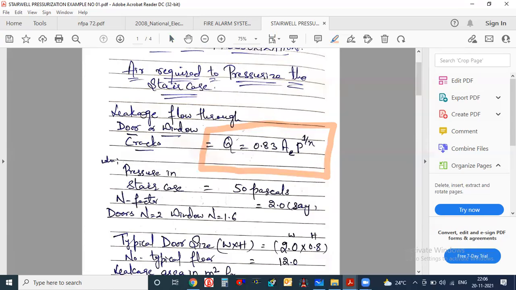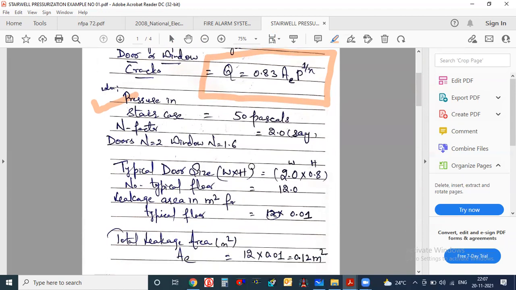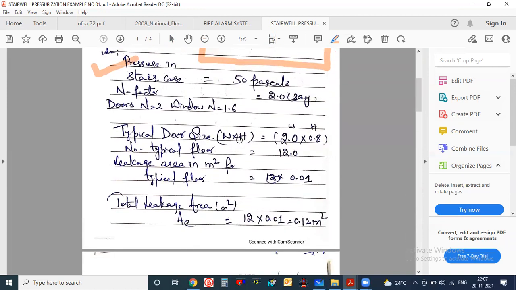If you are calculating through the door or windows, this is the formula given, and majorly they take the minimum pressure of 50 pascals. There is an n factor given here: for doors n equals 2, for windows n equals 1.6, and typical door size, width by height, you will know that.